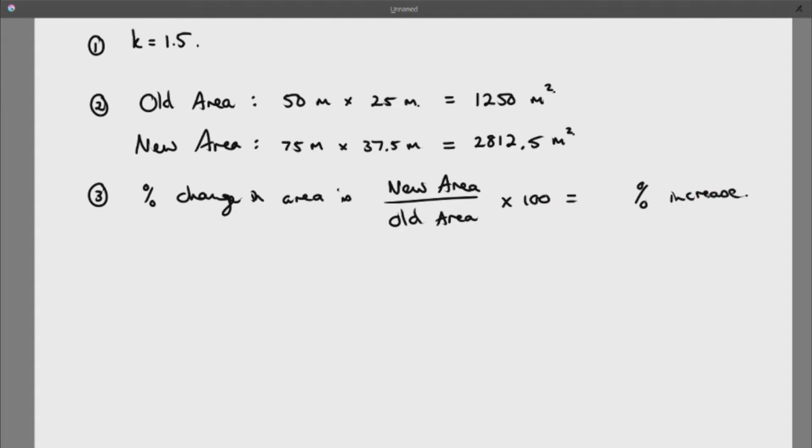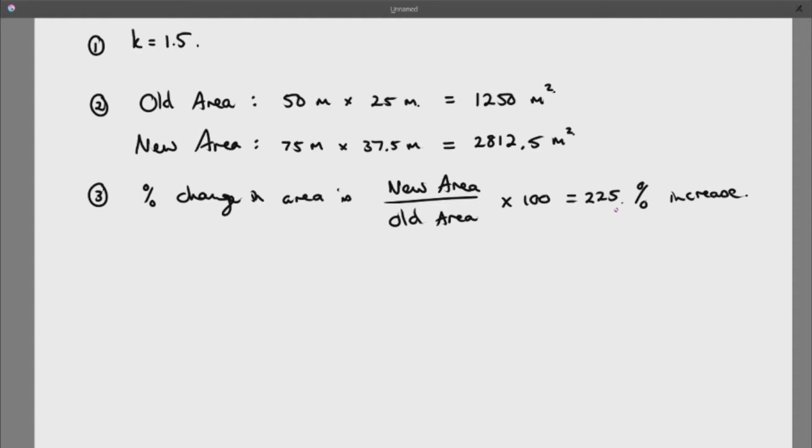What is that percentage when you calculate new over old? So your new is 2,812.5, your old is 1,250, then times 100, and you get a number. 225%.